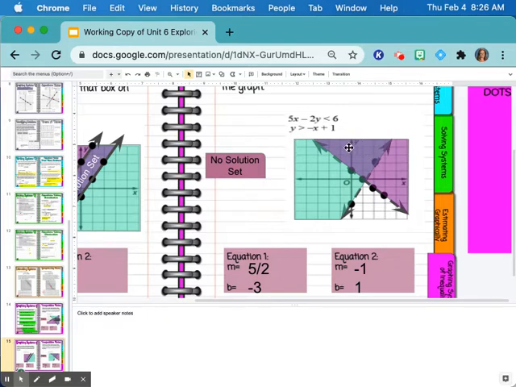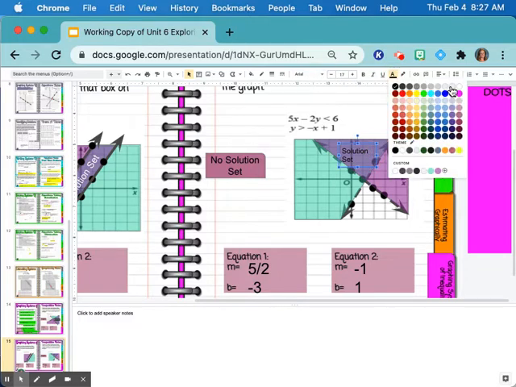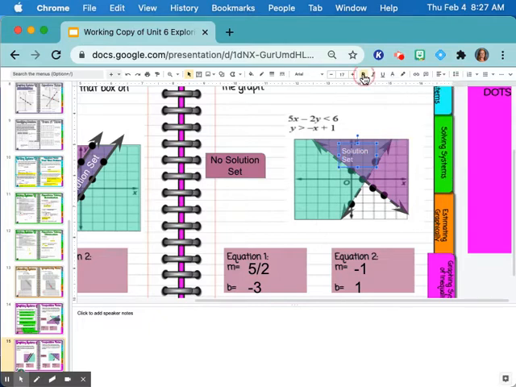And so we do have a solution set right here. I'm just going to make a text box and put over here solution set. There we go.